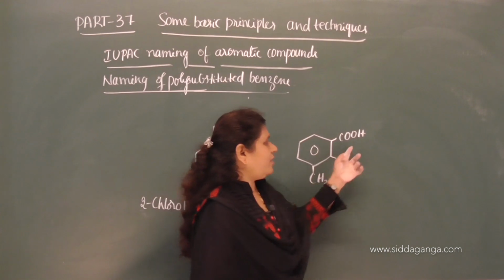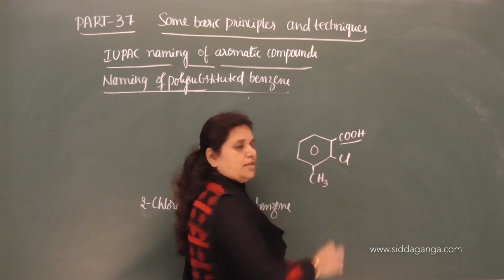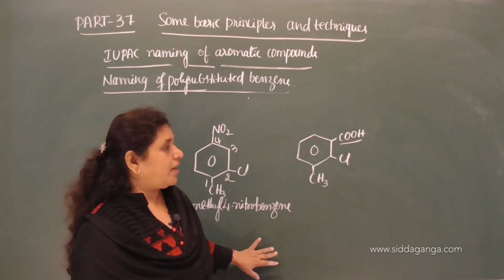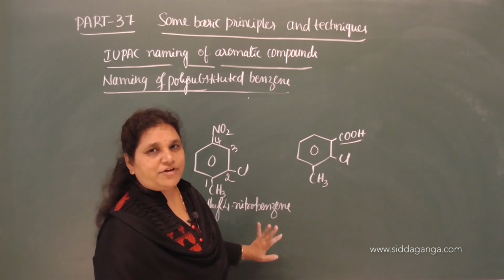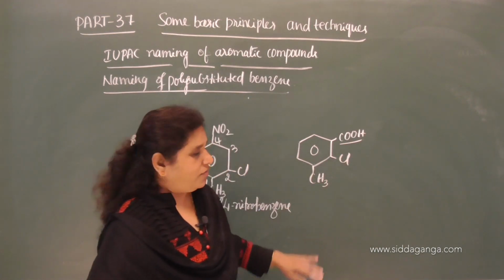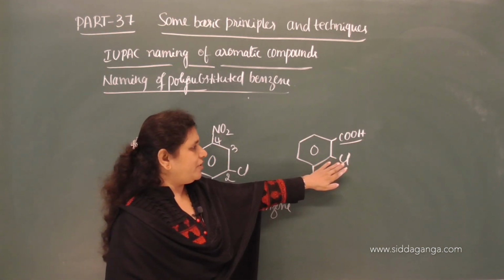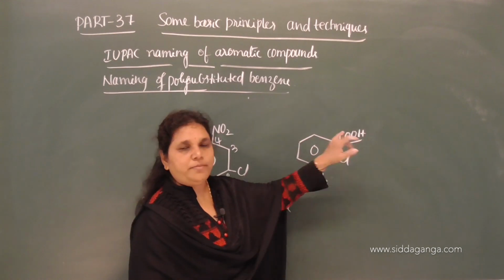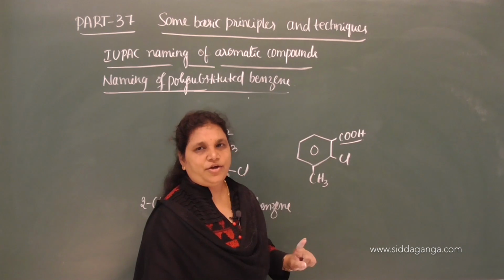Here, one group is a functional group, and that functional group contains a carbon atom, and it is a terminal functional group. So, since this is a functional group, now just forget these two substituent groups, then you take the root word benzoic acid or benzene carboxylic acid instead of benzene as a root word.